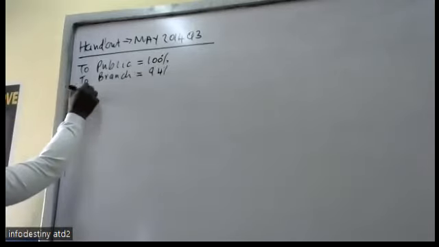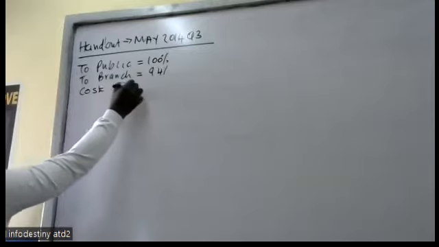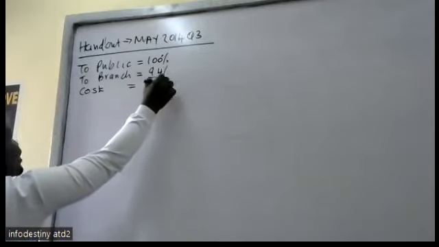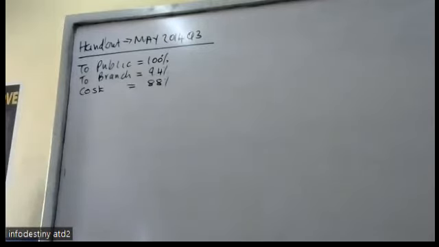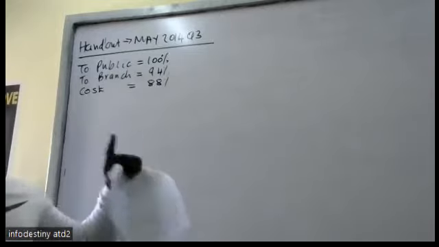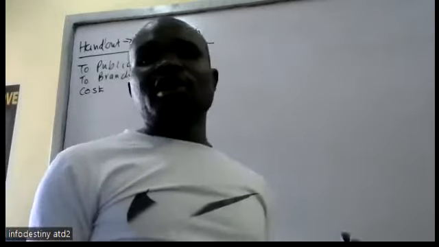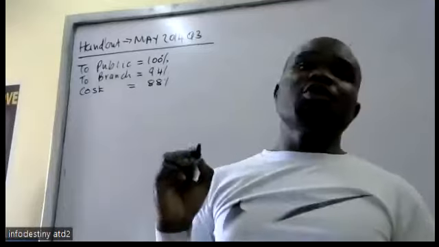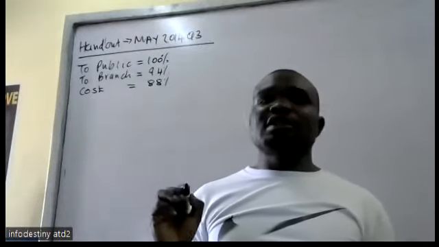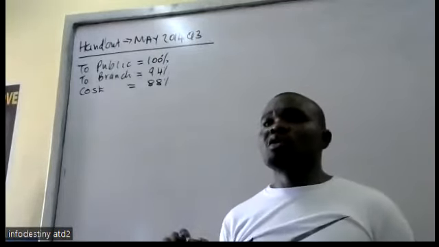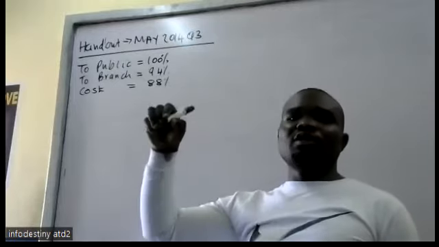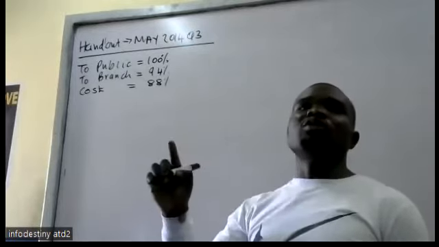Then the cost of those goods was 88%. So when valuing the closing stock, closing stock is the main issue when it comes to branches.